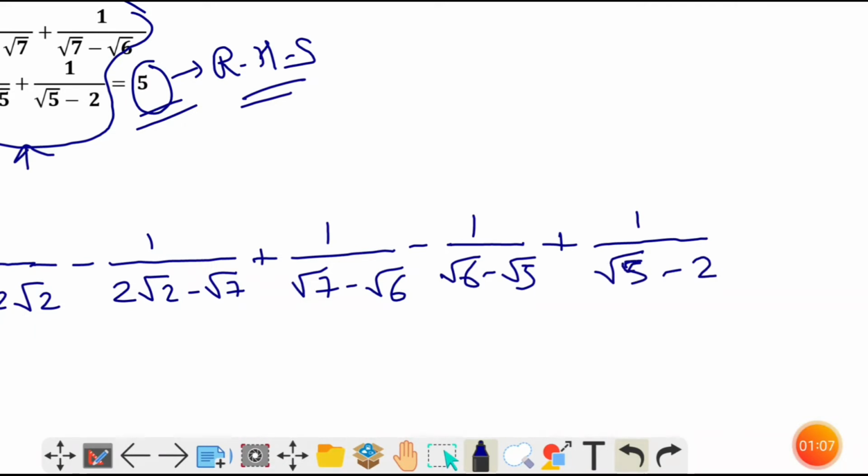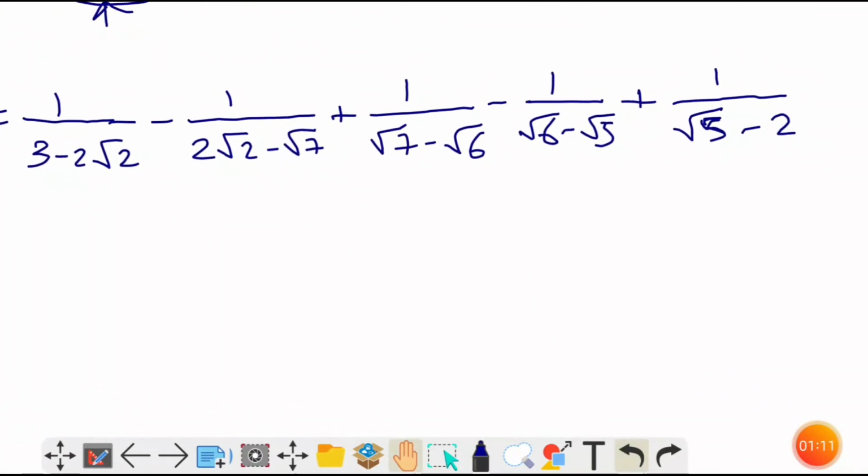Now solving this, we have to find the value 5.